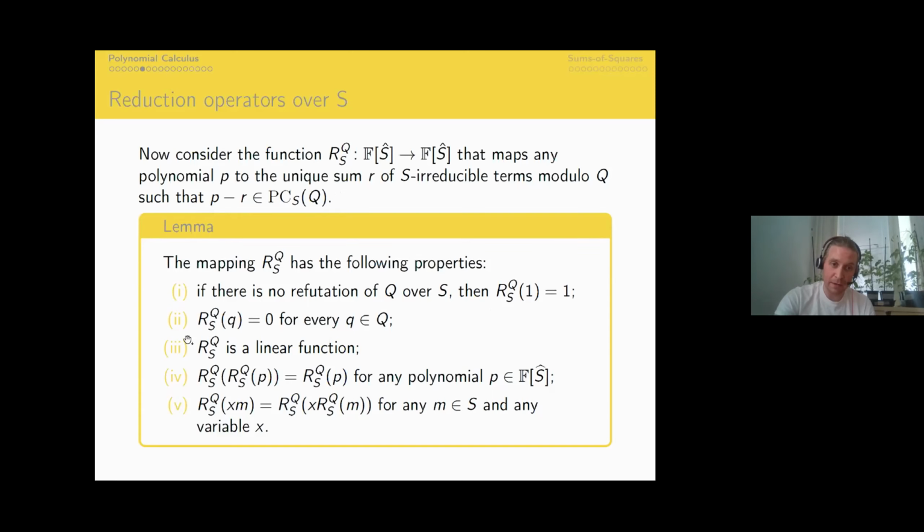It maps every axiom to 0. It's a linear function. It has this idempotency property and some kind of a commutativity property.